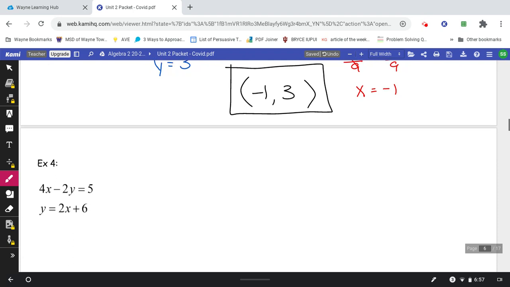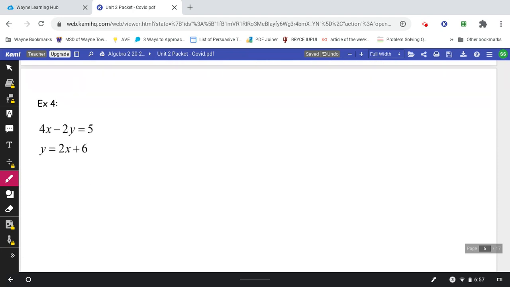All right, one more example here. Your job is to set this up, and then this is kind of one of our special cases. So see if you can plug the y in, substitute it in, and see what you can get.